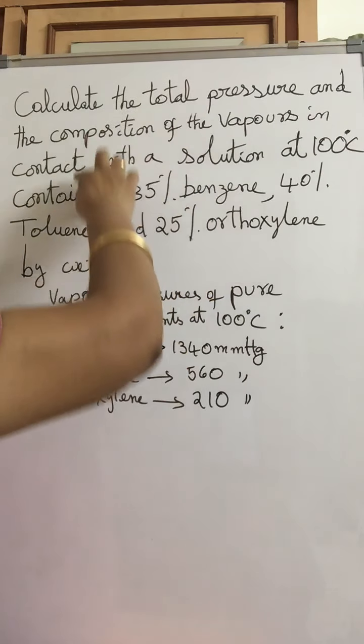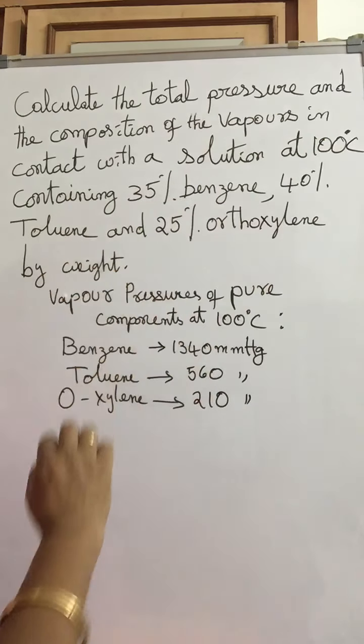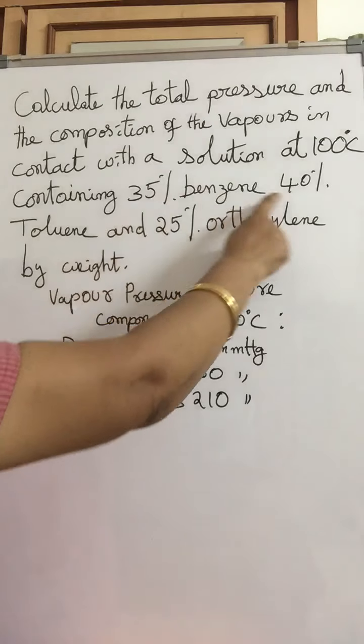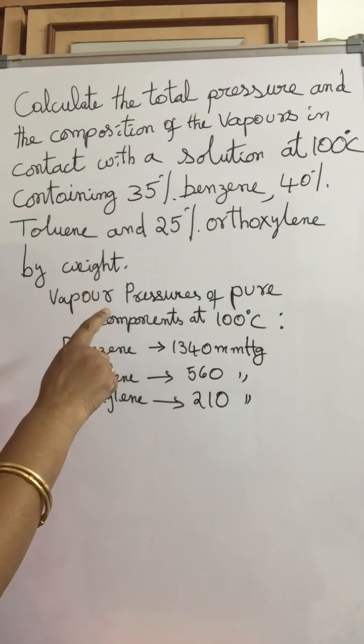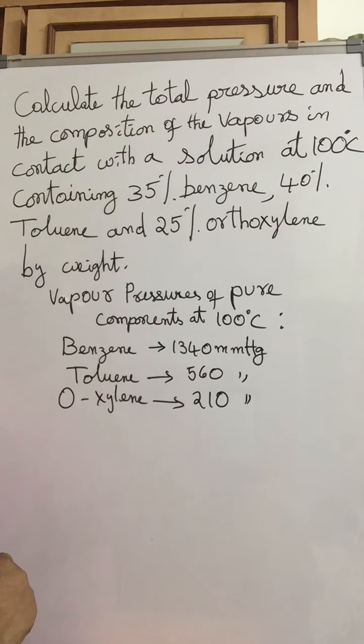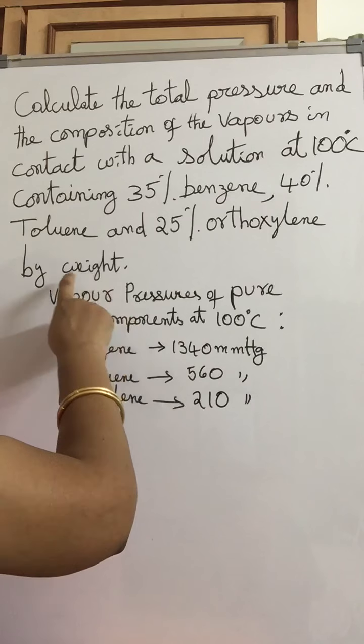So what information is given? The temperature at which the solution is, and the composition of the solution by weight, that is more important. Whenever composition is given, you need to check whether it is given by weight percent or by mole percent.